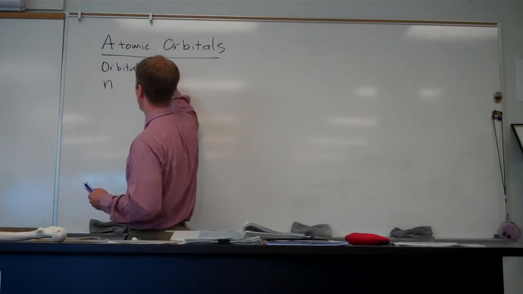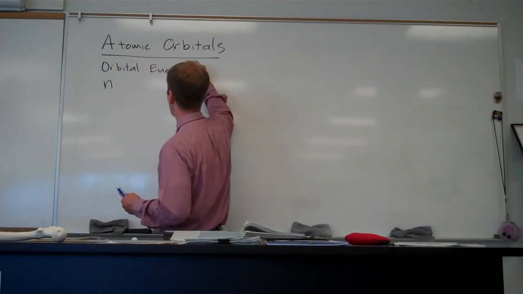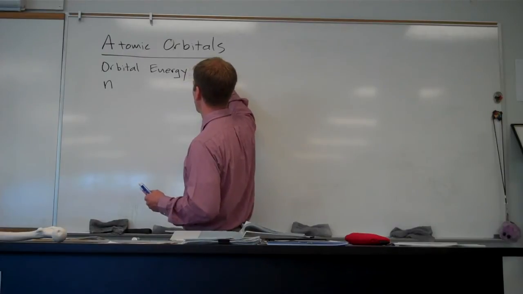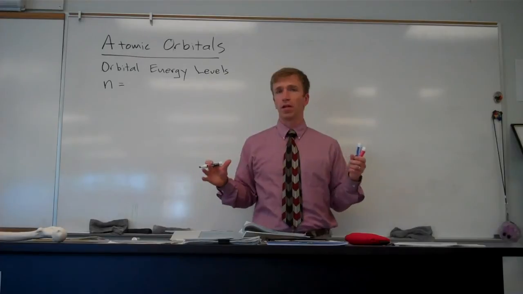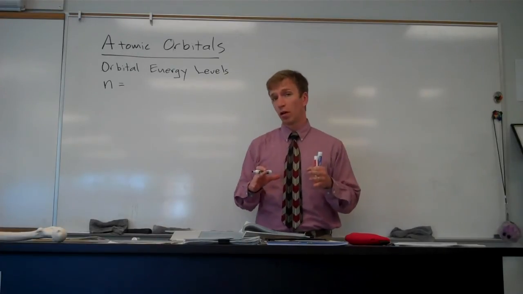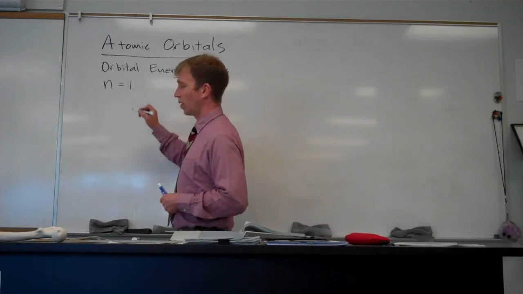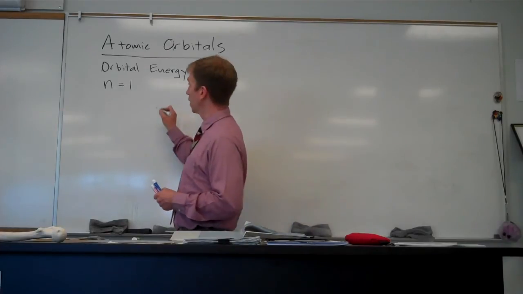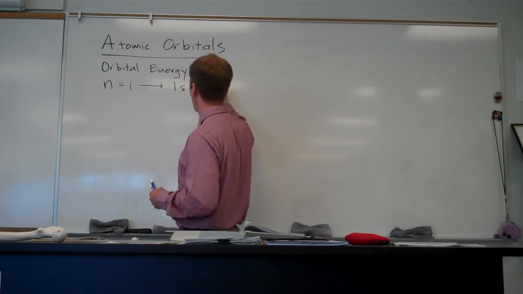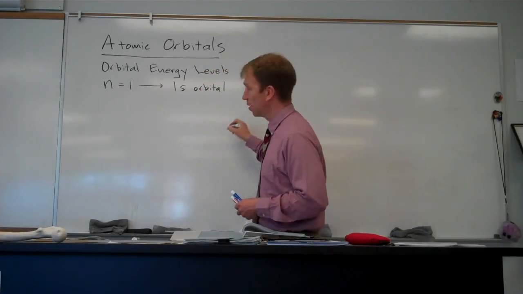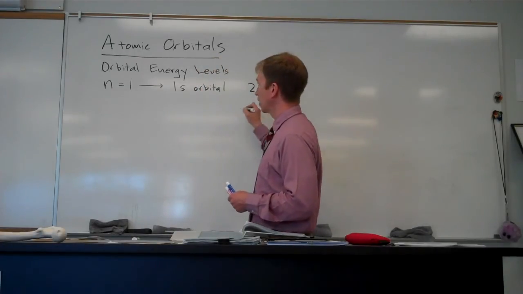We're going over orbital energy levels. So at the first energy level, the energy of orbitals that are closest to the nucleus, we say n equals 1. And at n equals 1, there is only a 1s orbital that has 2 electrons.